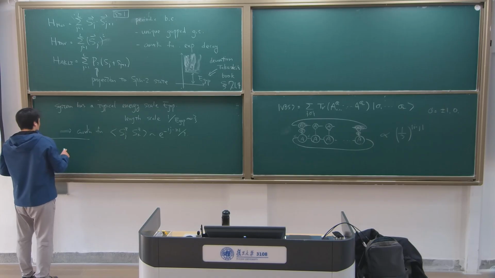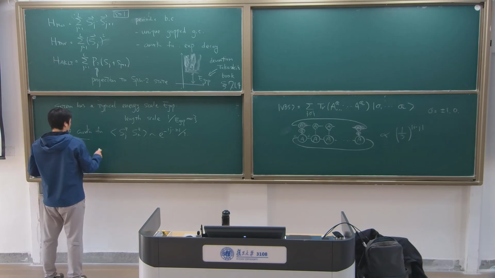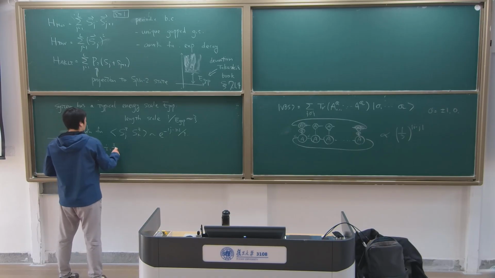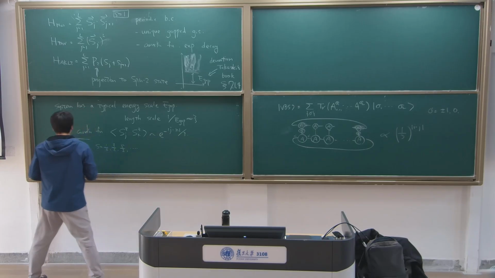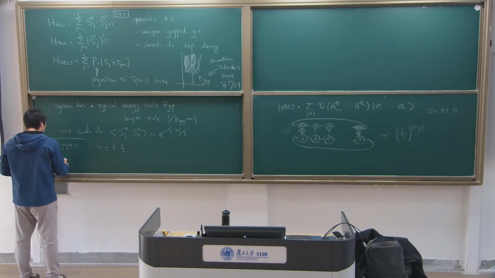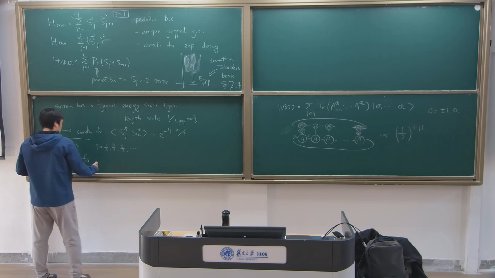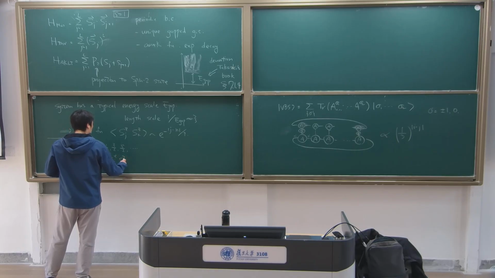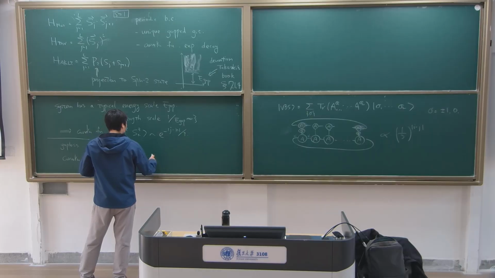And then also, gapless. So we know that for the spin one half, the integer is 3/2. The Heisenberg system is gapless, and the correlation function is roughly speaking like this. So it becomes like log of i minus j.